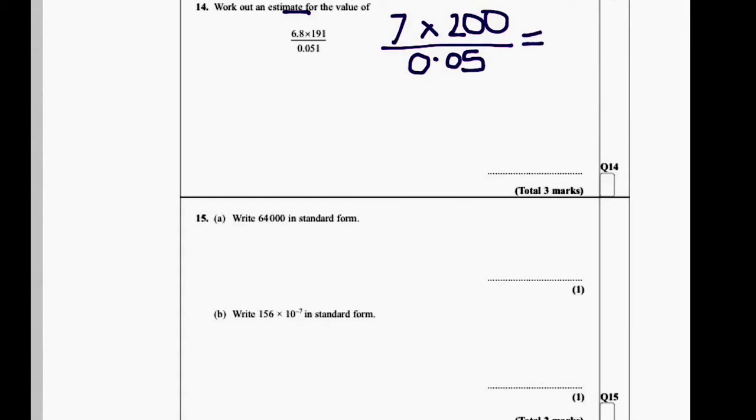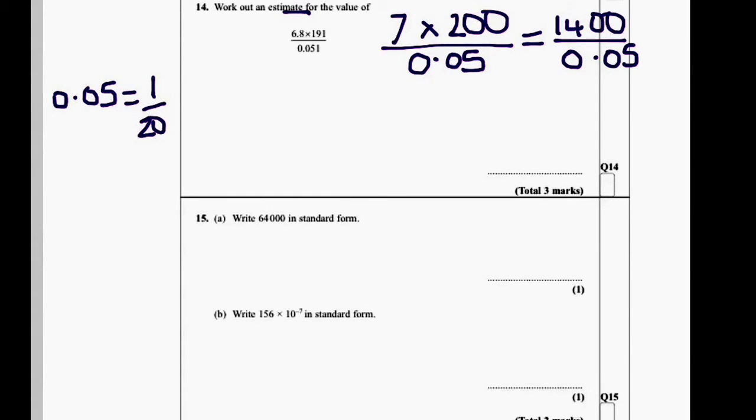Then we know that 7 times 200 is obviously 1,400. And we're dividing by 0.05. Now it's worth recognising that 0.05 is the same as 1/20th.